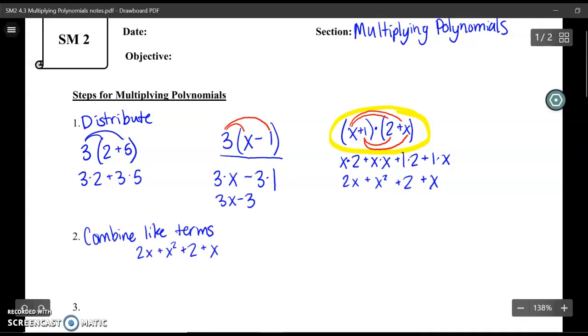And I see a set of like terms, 2x and x. Remember, a like term means that they have the same variable and the same exponent on the variable. So I'm going to add the 2x and the x to get 3x. So I have 3x plus x squared plus 2. So now I've combined all the like terms.